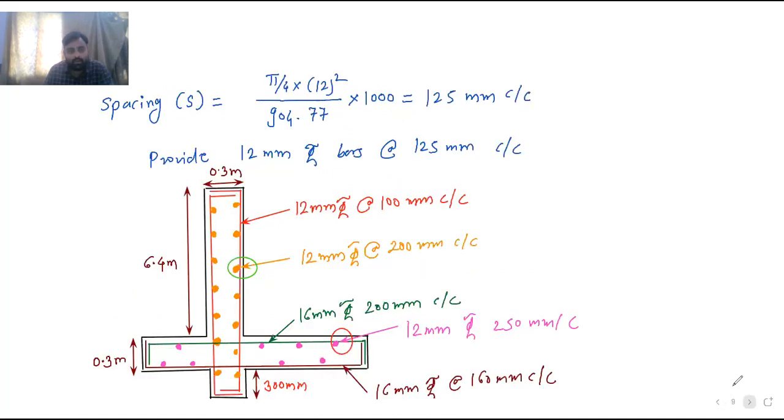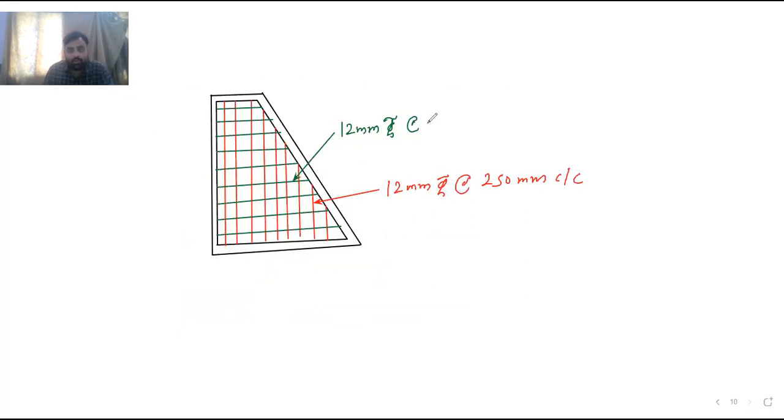For horizontal ties, 125 center to center. So about 125 center to center. Okay. 125 center to center. And this is the reinforcement.